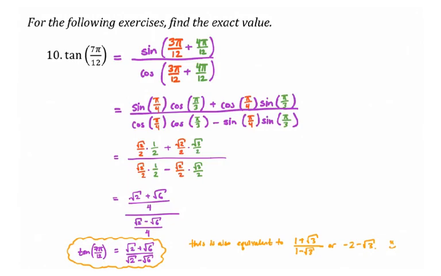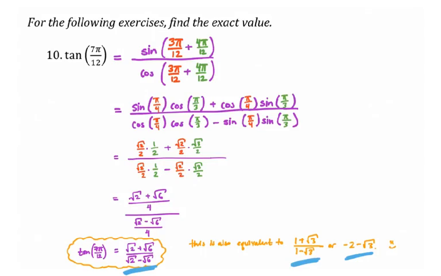But hopefully you got an answer of either square root 2 plus square root 6 over square root 2 minus square root 6. That's probably what most of us got. You may have also gotten an equivalent answer of 1 plus square root 3 over 1 minus square root 3, or perhaps even negative 2 minus square root 3. So any of those three answers are fine. My guess is the majority of us found the first solution I mentioned.